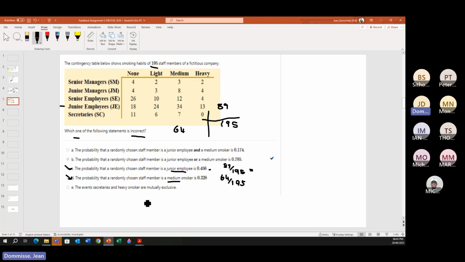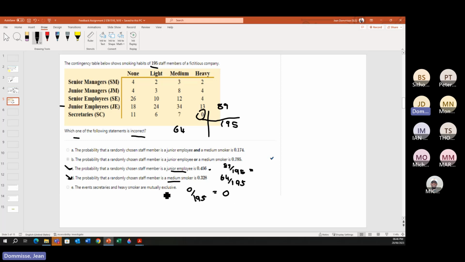So let's look at: secretary and heavy smoker are mutually exclusive. So for that, it needs to be equal to 0. Heavy smoker, secretary. Wow, okay. It's 0, and 0 divided by 195 is 0.